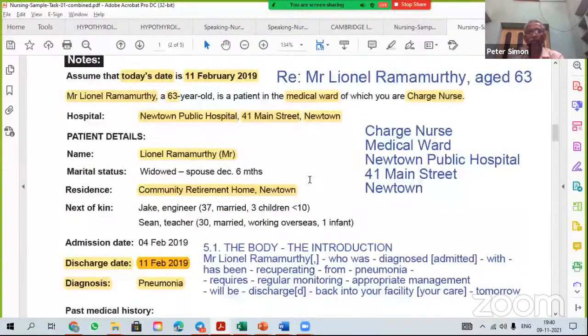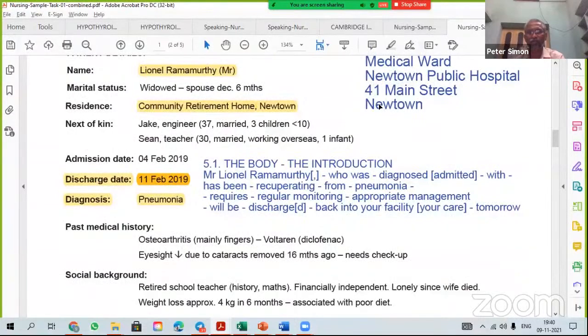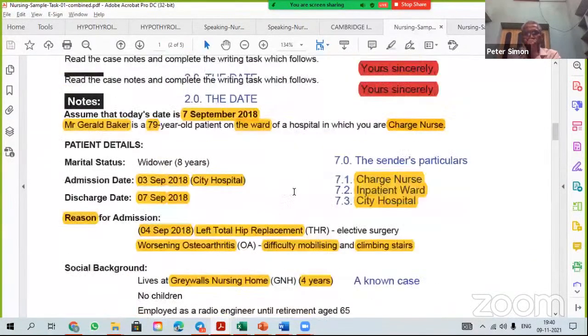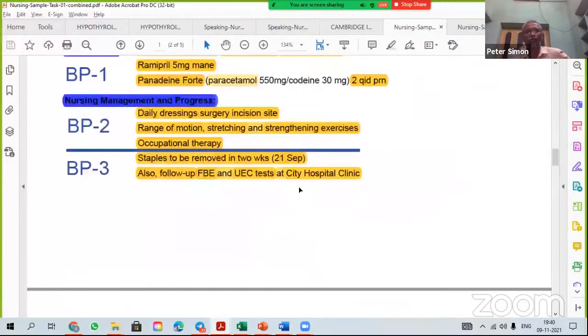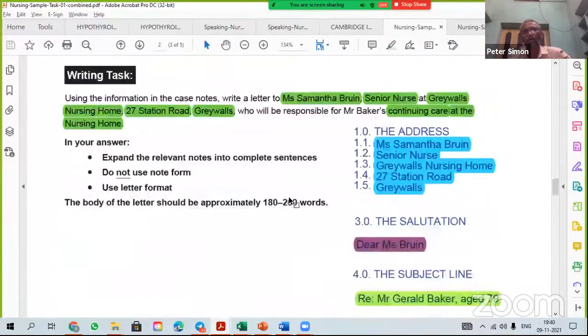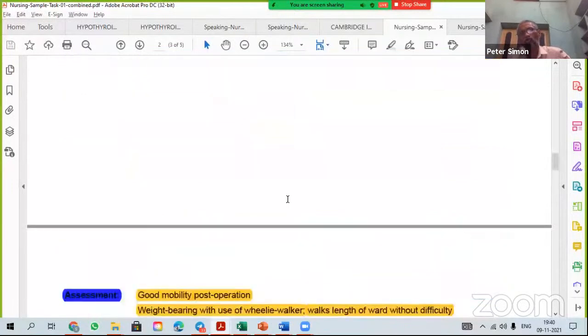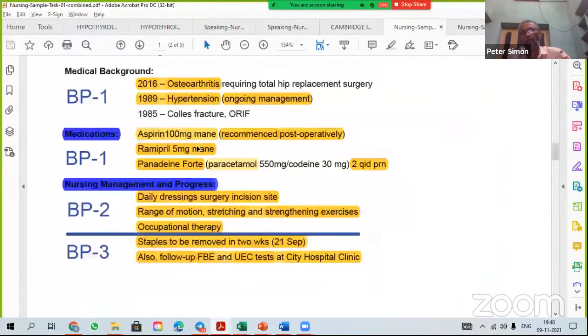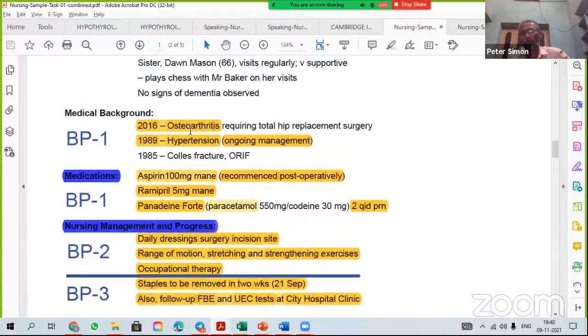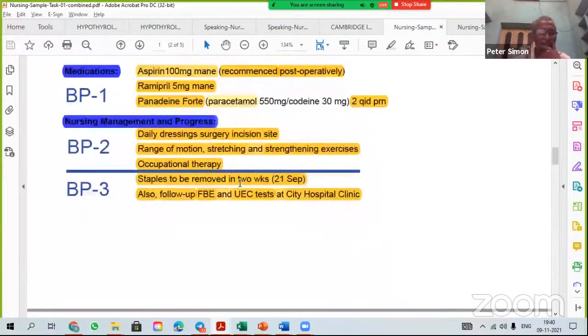And now let us go to our case. I'm going to explain this. Now see here, in Gerald Baker's case, osteoarthritis and hypertension, ongoing management. How are you going to deal with these things? Different letters have different types of presentation. So I'm going to show you a comparative study. That is the reason why I'm showing you a comparative study. Now let us see here.